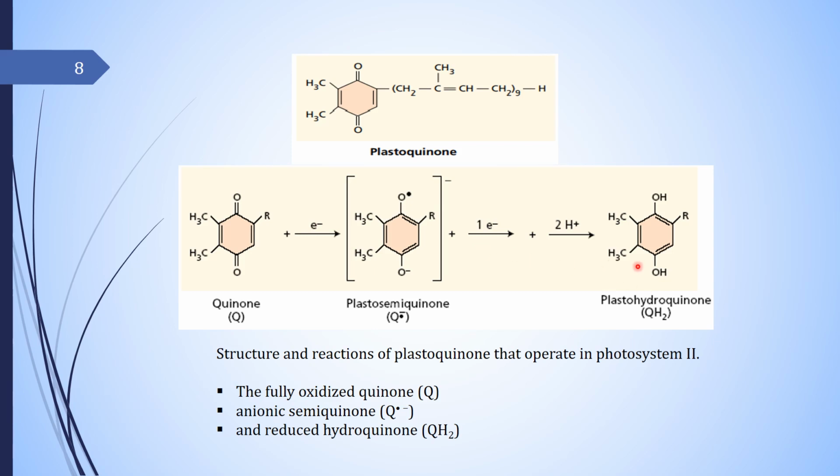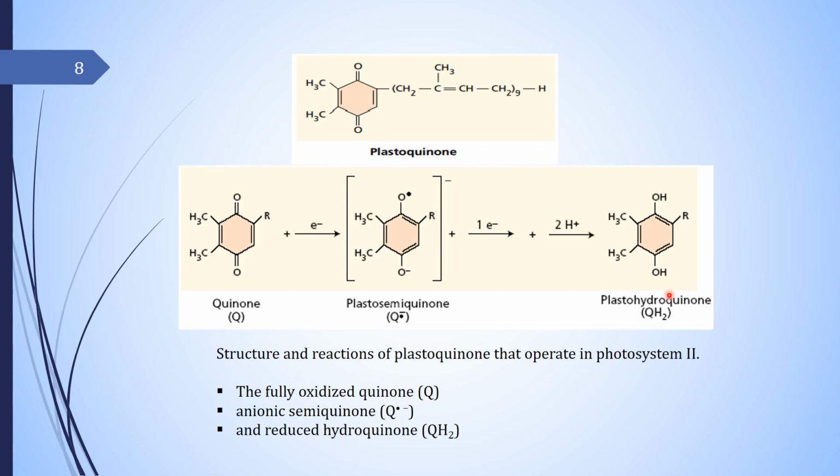While doing this, it also takes 2 hydrogens from the stroma and attaches them on this side, one here and one here, converting it into plastohydroquinone. After releasing these 2 hydrogens, it again converts into simple quinone, which is again able to receive 1 electron, then 2 electrons and 2 protons, and convert again into plastohydroquinone. In this way, the cyclic conversion of quinone to plastohydroquinone takes place.